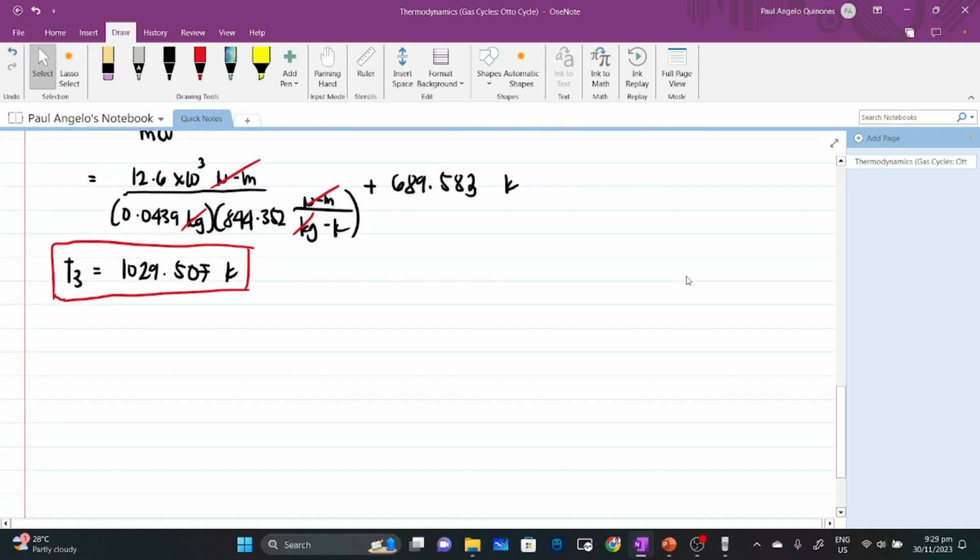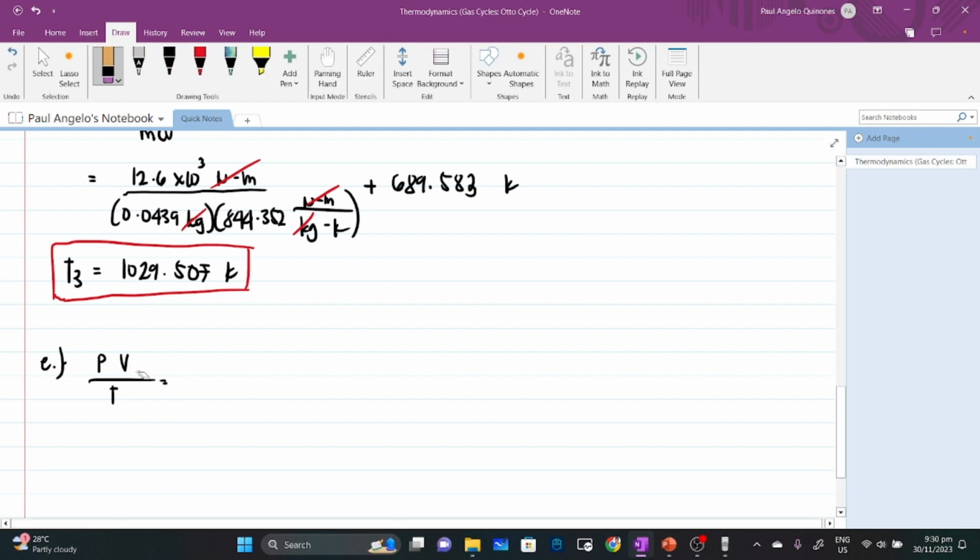So we are going for letter E. We are asked to solve for P sub 3. So actually, we can use two approaches. One is the one that I've mentioned earlier, the combined gas law.